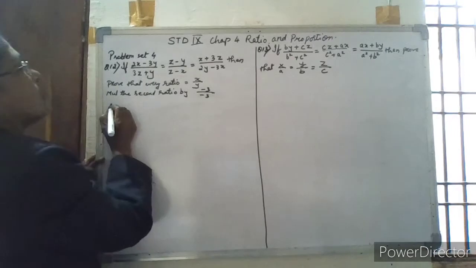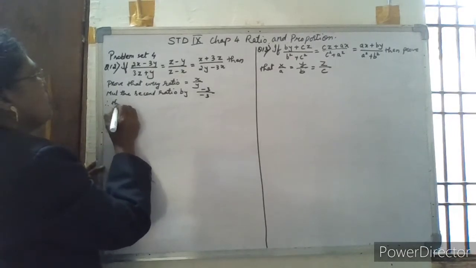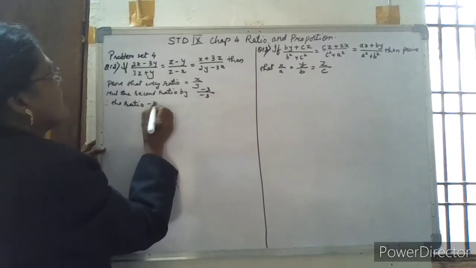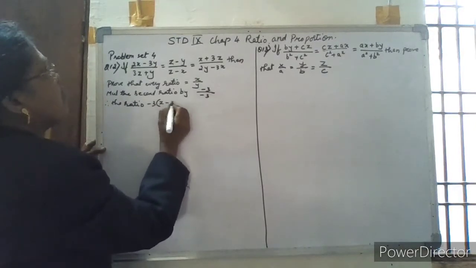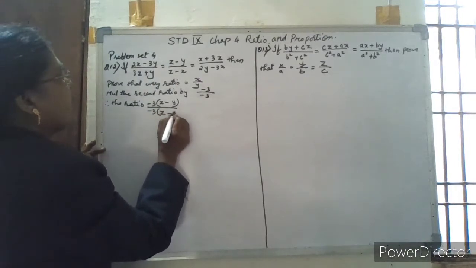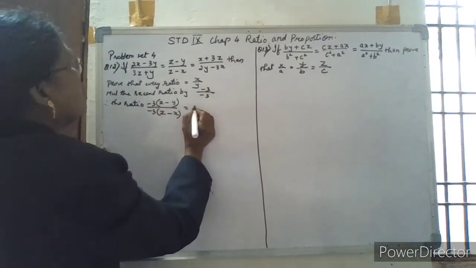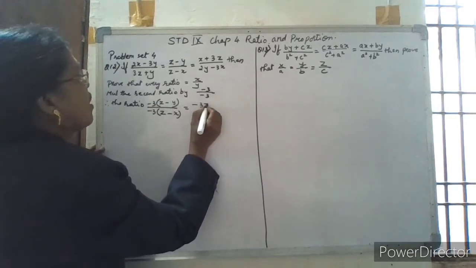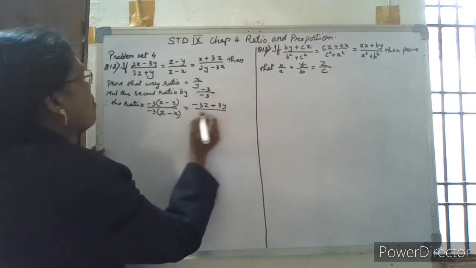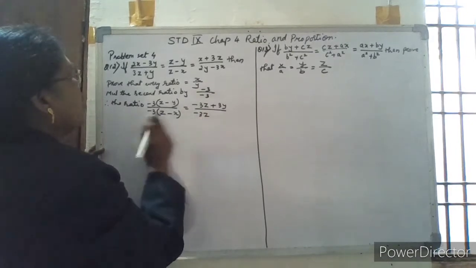Therefore, the ratio is in this form: minus 3 into (z - y) upon minus 3 into (z - x). So this is equal to minus 3z plus 3y upon minus 3z plus 3x.